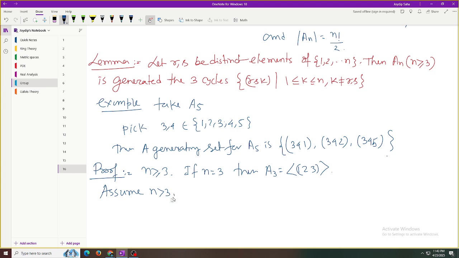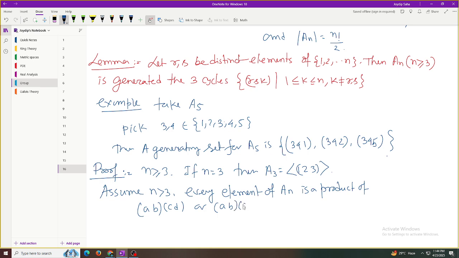So every element of An is a product of terms like (A B)(C D), or (A B)(A C). Since there is an even number of transpositions, you can pair them. So it is a product of this type.